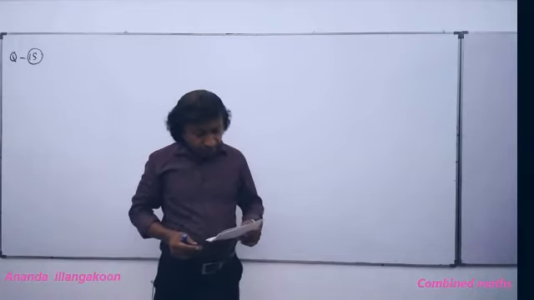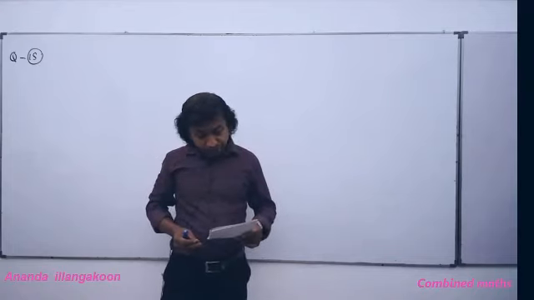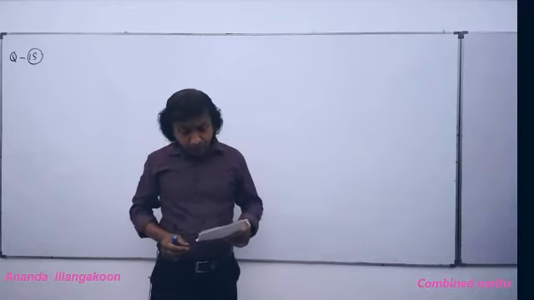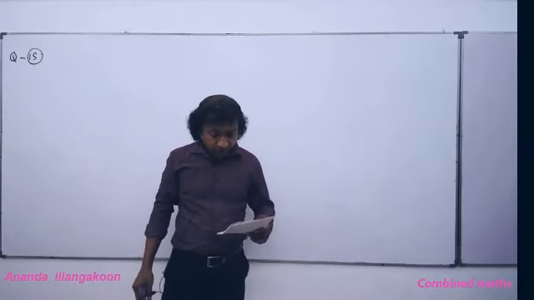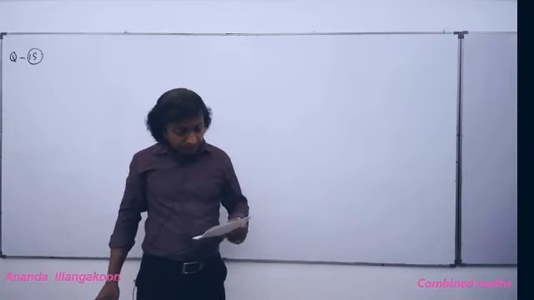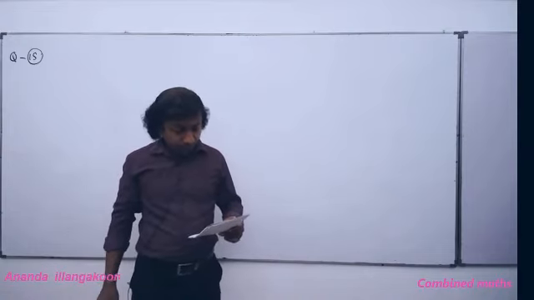The point Q is on CA such that CQ to QA ratio is 2:3. The point R is on BA produced such that BR to AR equals 2:1.